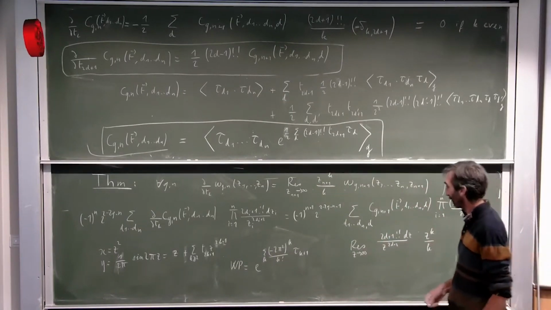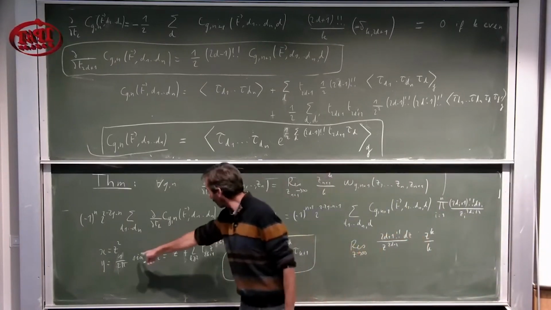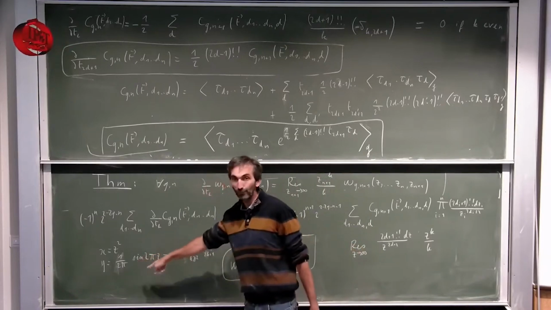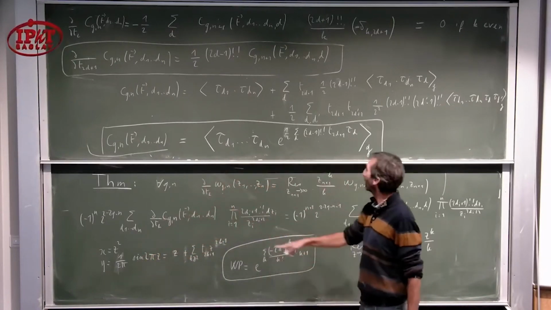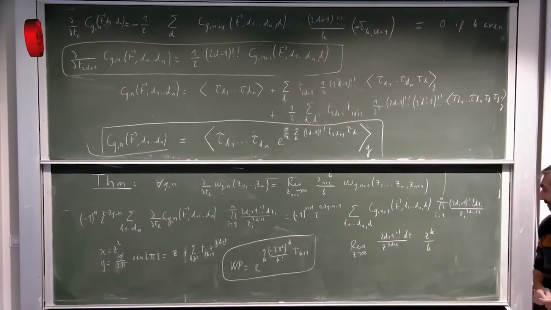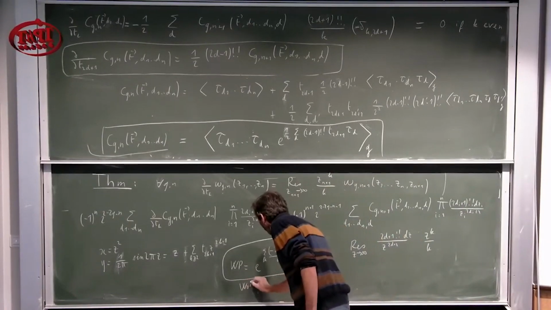The Weil-Petersson class is equal to that. And when you take this spectral curve, the times that correspond to the expansion of the sine function are exactly those that give this exponential. Well, you can call it Wolpert's formula, it's due to Wolpert.